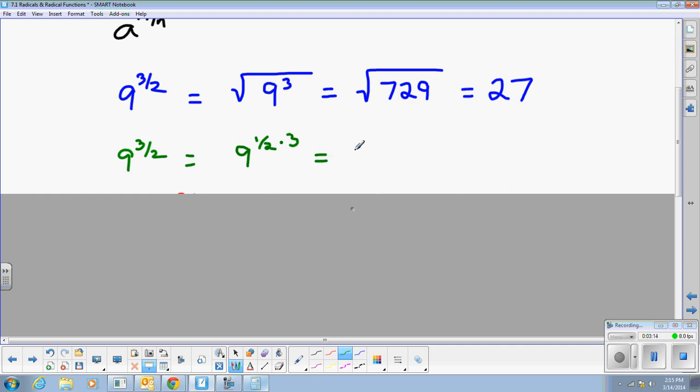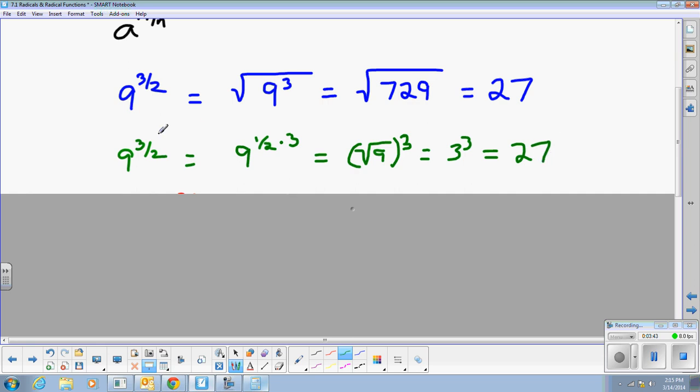So 9 to the 3/2 can also be written this way: it is the square root of 9, I'll put parentheses around it, cubed. So how do I keep working with that? I know the square root of 9 is 3, and I want to then take 3 and cube it, and 3 times 3 is 9, times 3 again is 27.